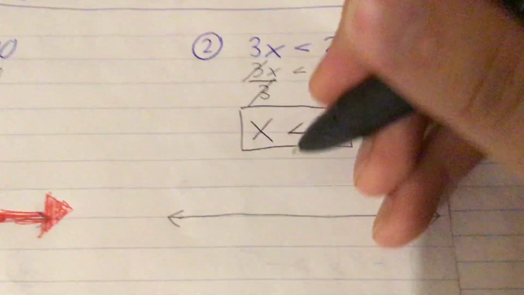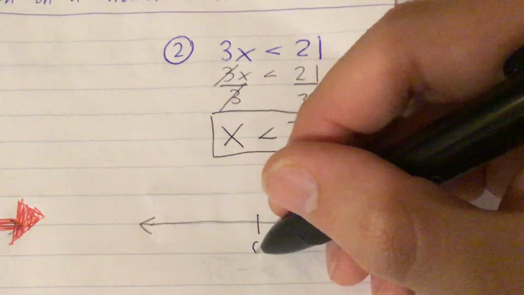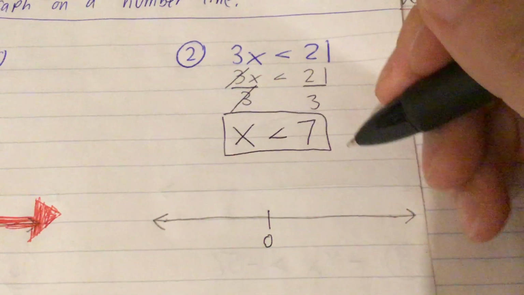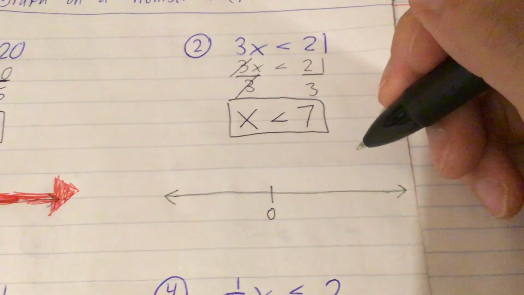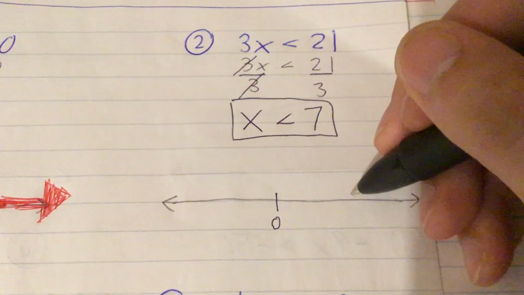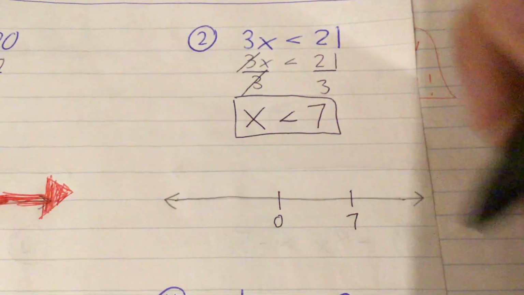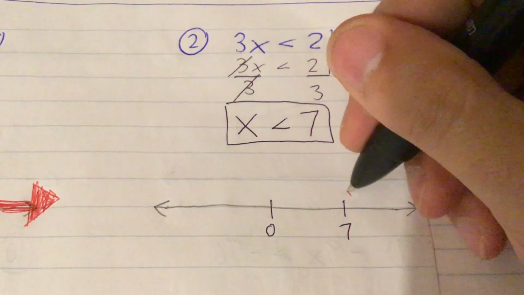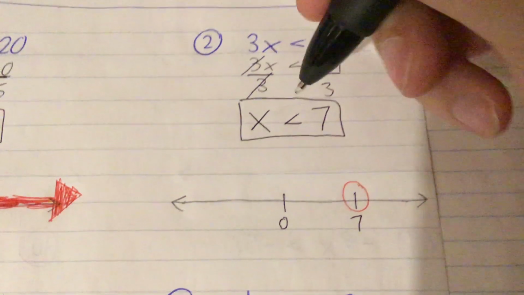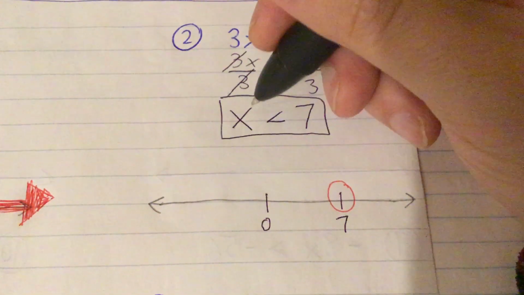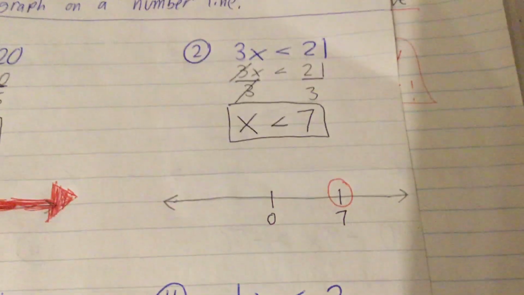Let's draw the number line, 0 in the middle. Where is 7 compared to 0? To the left or to the right? To the right. So let's just say I go here. I care about the endpoint 7. And where do I shade if x is allowed to be all numbers less than 7?